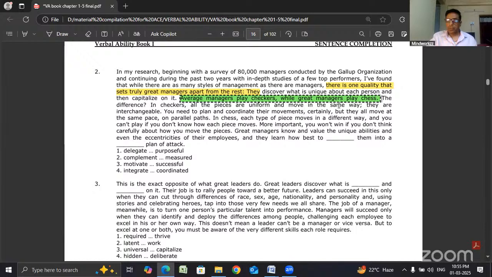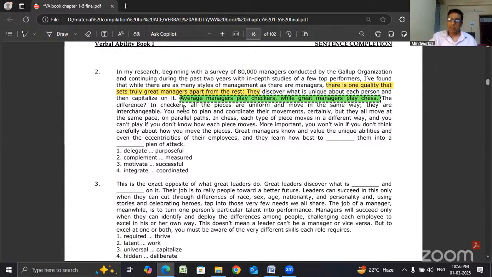Now see, the writer is telling you the difference. If the writer tells you the difference, then you need to understand what he means, what the difference is from the point of view of the author. Okay?